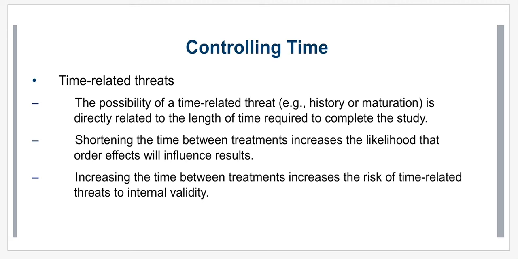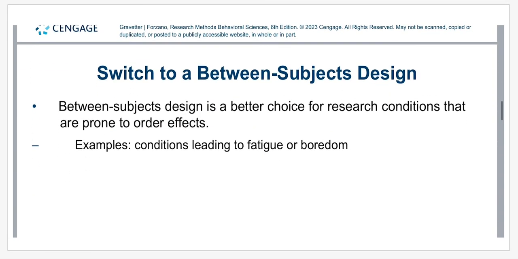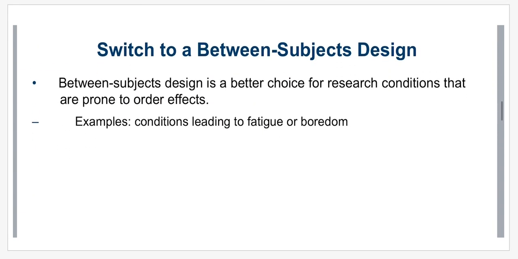If there are things you don't think will affect your dependent variable, then you don't necessarily need to worry about those. Even if the likelihood of those effects increases, it shouldn't be as big an issue if you don't believe it will have an impact on your dependent variable. So again, it depends on what your variables are and what exactly you're studying.